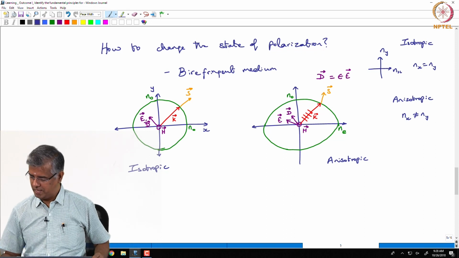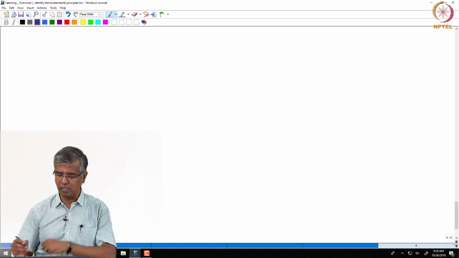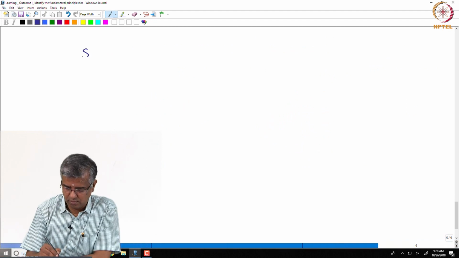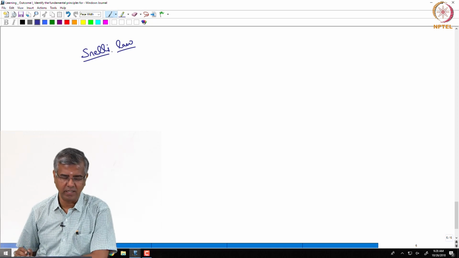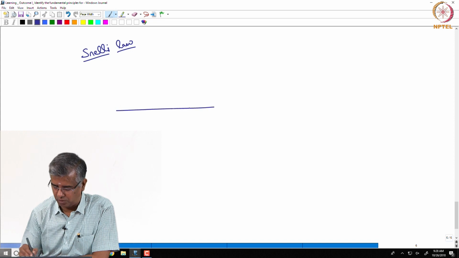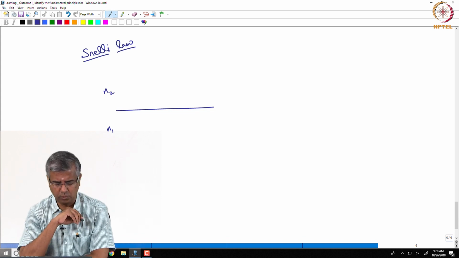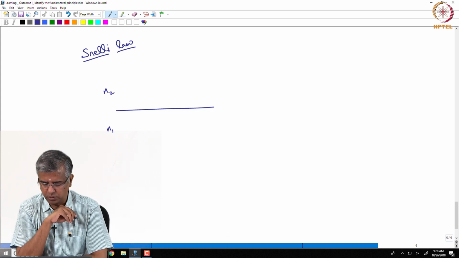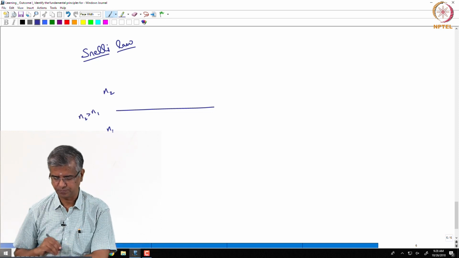Okay, so let us actually revisit Snell's law. We did not quite have this picture of Snell's law when we originally talked about it, but let us just look at this picture. Let us say you have light going from one medium to another, n1 to n2, and let us say n2 is greater than n1.